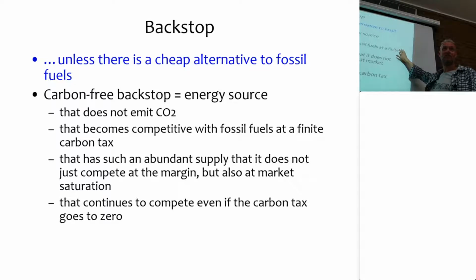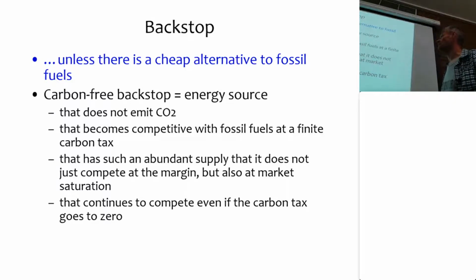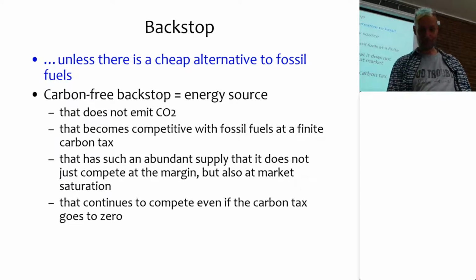And at some point, I mean, if you impose a certain carbon tax, then it actually becomes competitive. Now, these are not strange assumptions, right? Run of the mill. The third assumption that you need to make about the backstop, and that is what makes it a backstop, is that it has an abundant supply. And the supply is so abundant that essentially your cost curve goes flat.